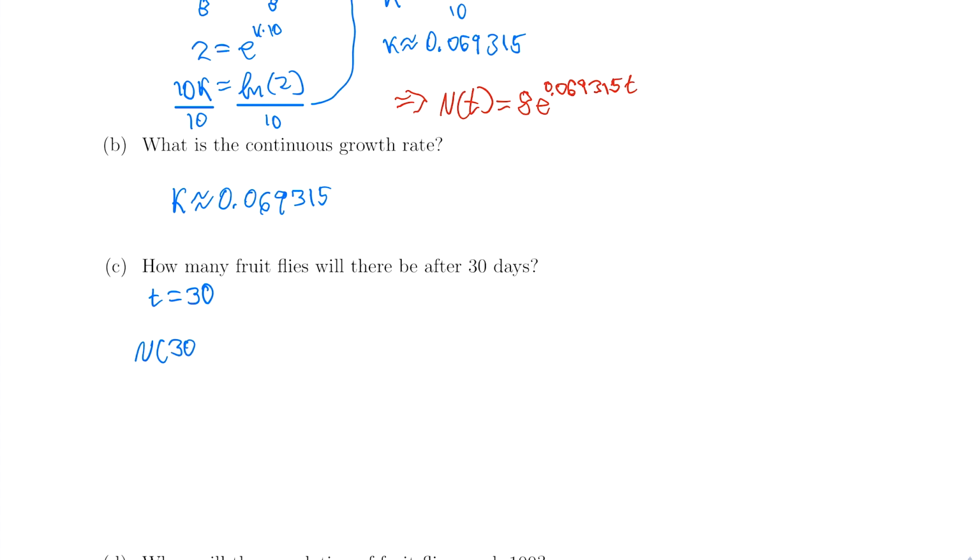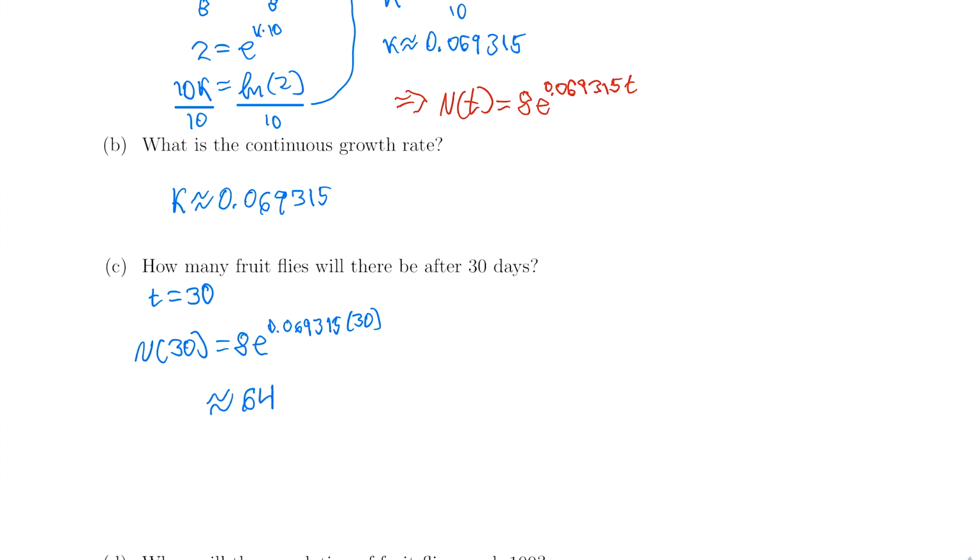So we now have n of 30 equals 8 times e to the power of our long number, 0.069315 times 30, our t. And then we plug that in the calculator and we get approximately 64.